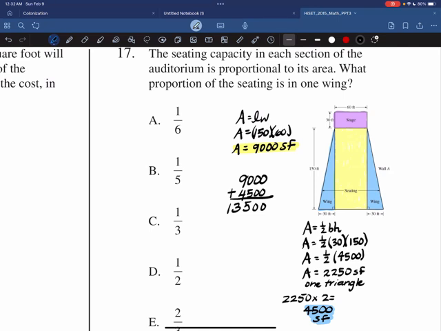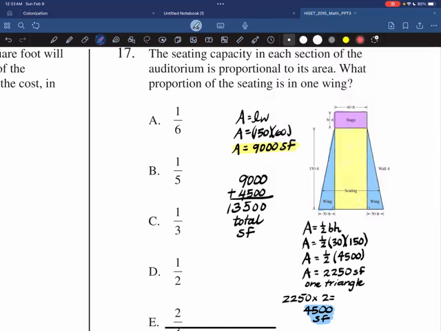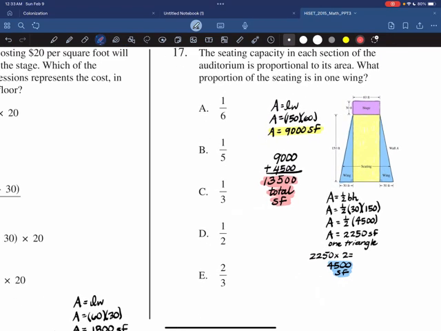It's after midnight, so I don't trust any math I'm doing at this point. Yes, 13,500. So that is total square feet. And let me make that a different color. I'm going to do that in red because that's an important number for me to remember. Okay, so we've got that far.